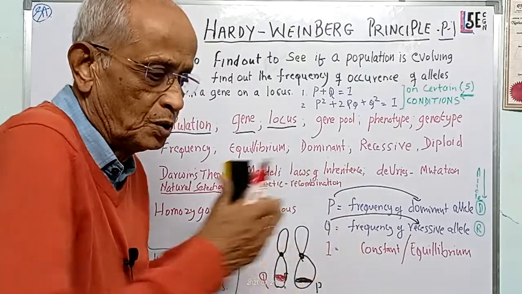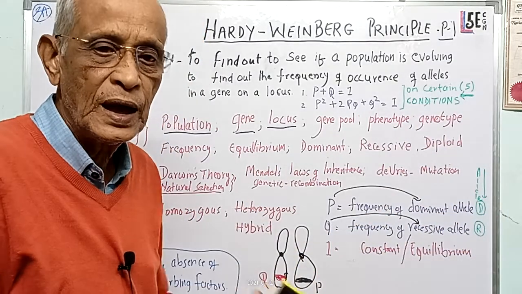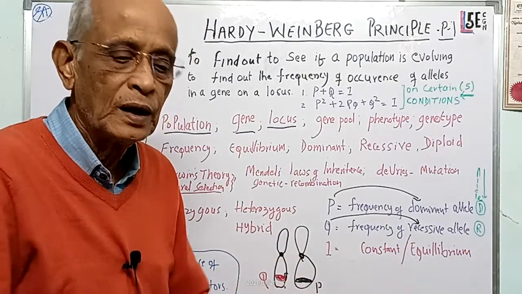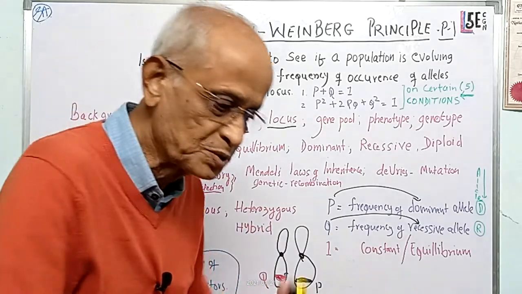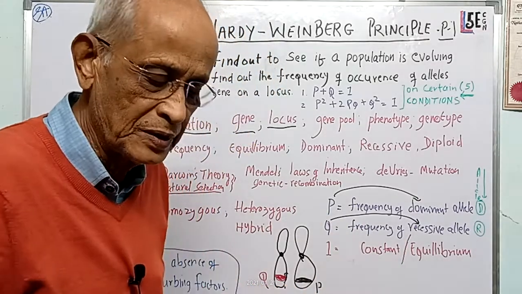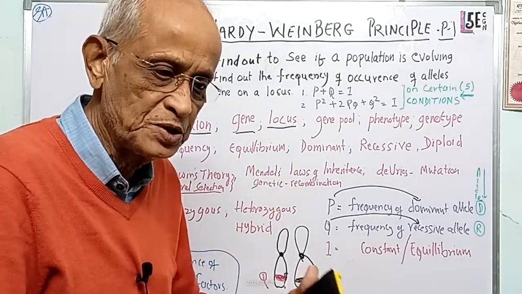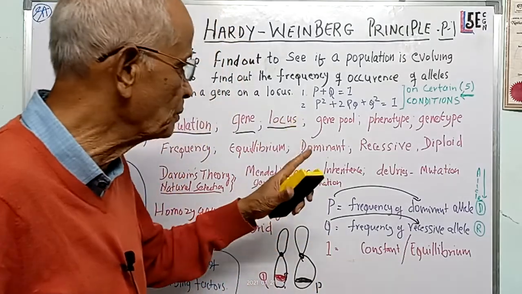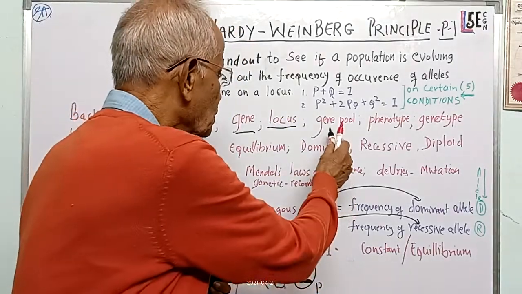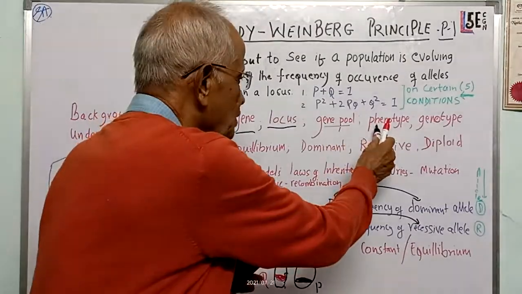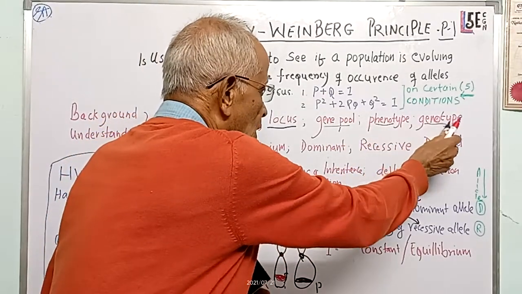So they go together as the chromosomes are passed on to the next generation in the reproductive stage by cell division. That's gene pool.